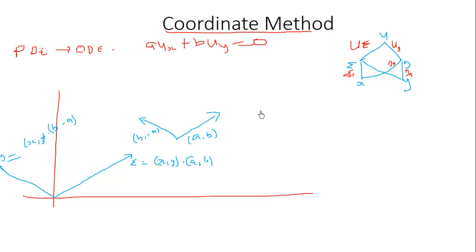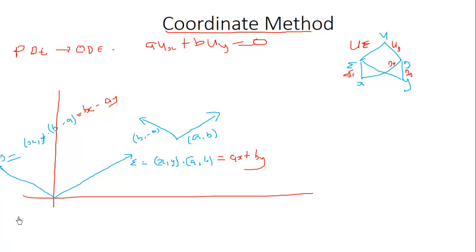So we simplify this further to obtain ax plus by, then over here we get bx minus ay.